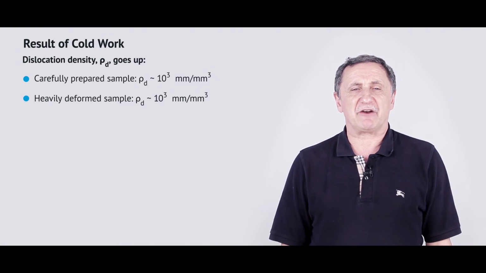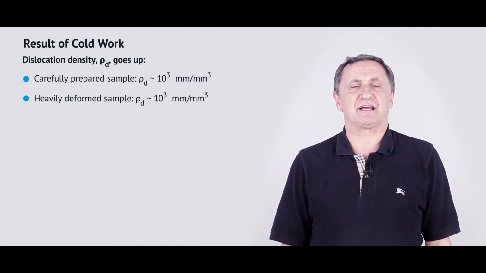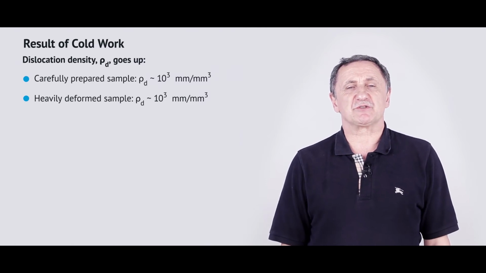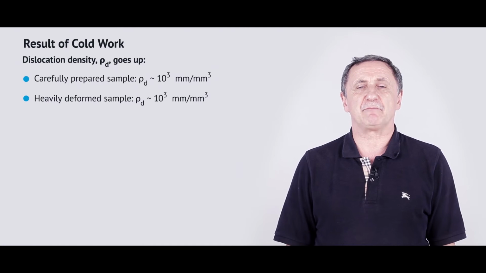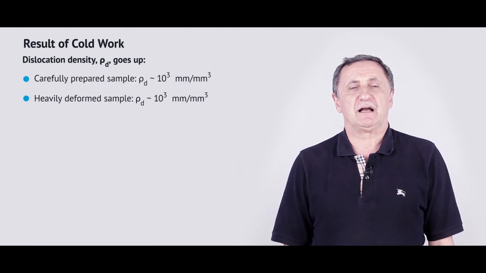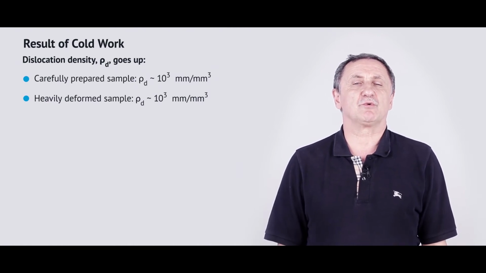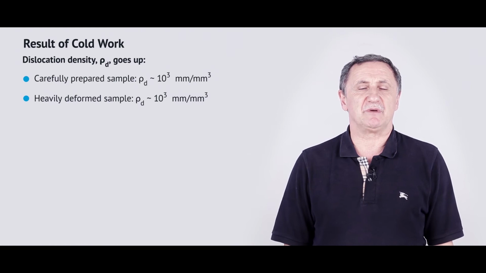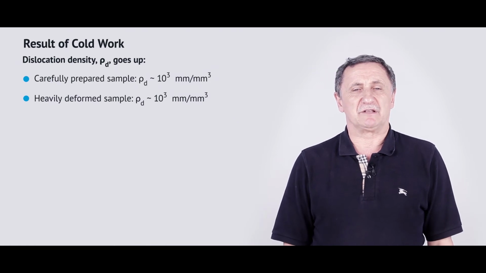So for a carefully prepared sample, where we try to avoid dislocations, we have a dislocation density on the order of 10^5 dislocations per cubic millimeter. In a heavily deformed sample, when we apply huge cold work, the density can be as high as 10^10 dislocations per cubic millimeter.